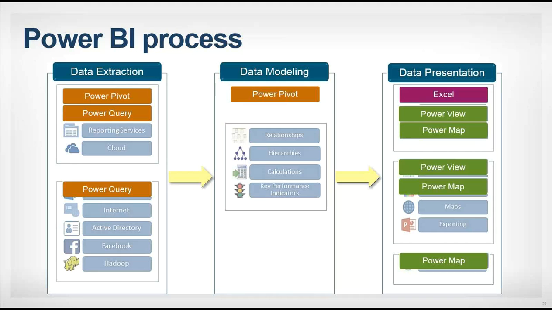Okay? And after all the back-end data stuff is done, then you can use Power View, Power Map, and this is a platform where users actually access the results and are able to share and perform analysis on the data.